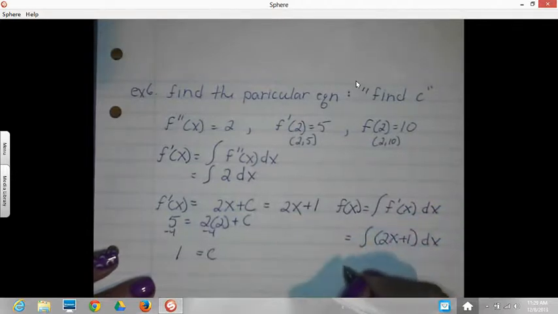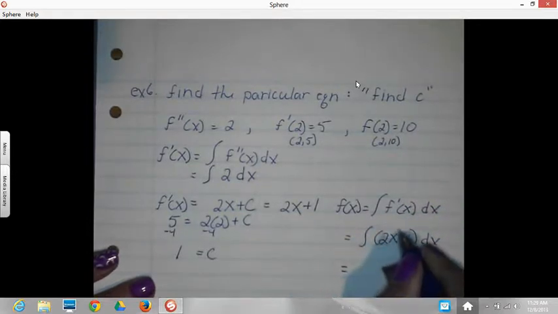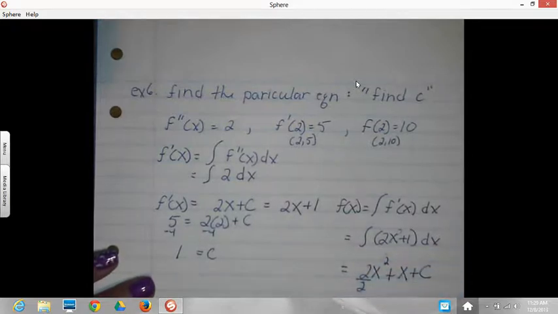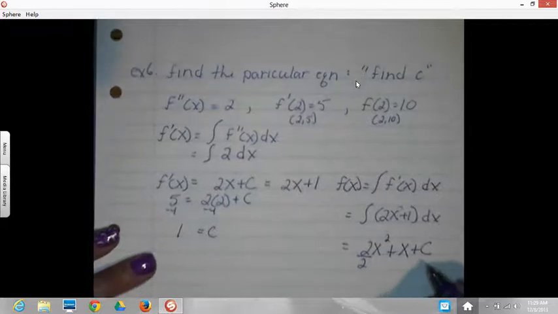Doing the integrating, I add 1 to the exponent. Carry along the constant, add 1 to the exponent, multiply by the reciprocal, which is a half. It's going to cancel that out to a 1. x plus c.